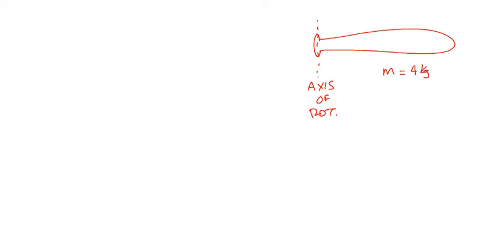That's probably kind of heavy, I don't know, and a length of, what sounds good, 0.8 meters maybe, something like that. So the first thing that we probably want to do is to calculate the moment of inertia.